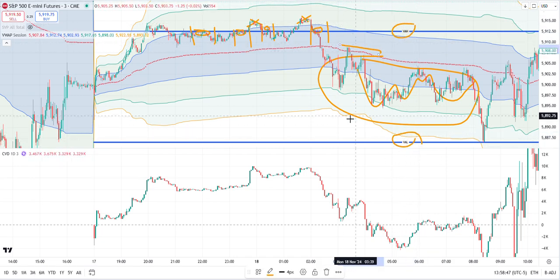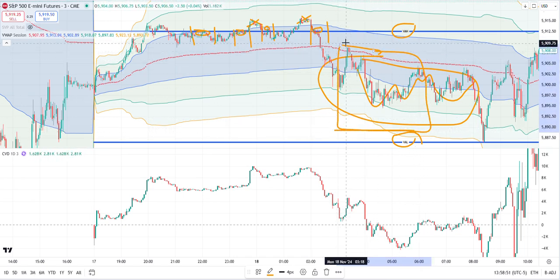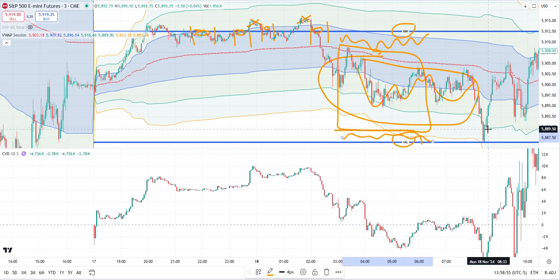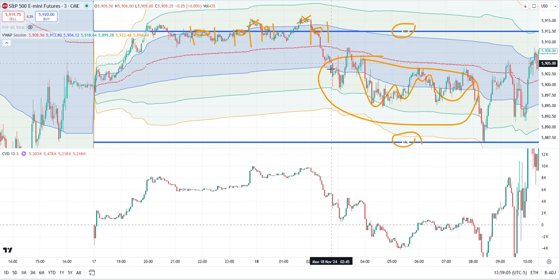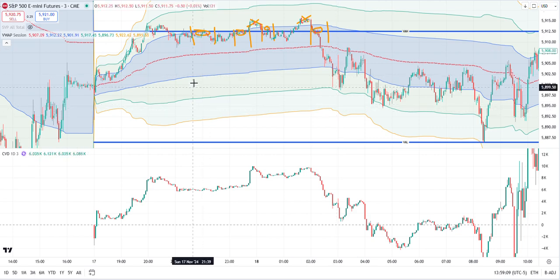Between value areas there's still a decent amount, like this area. That's maybe where the fast movements are. I can see after it breaks this kind of barrier, very fast movement. That support resistance level.